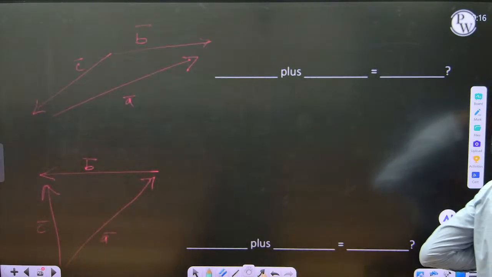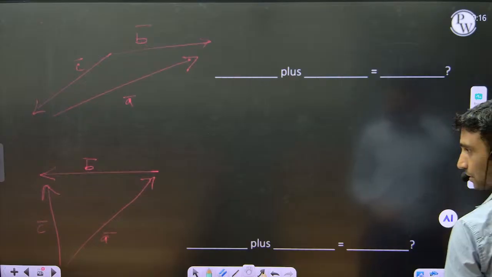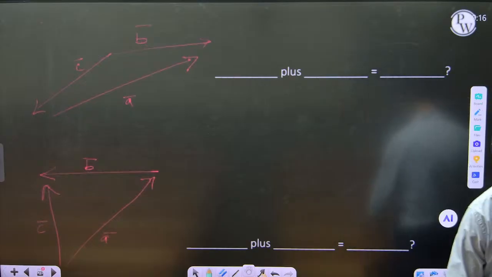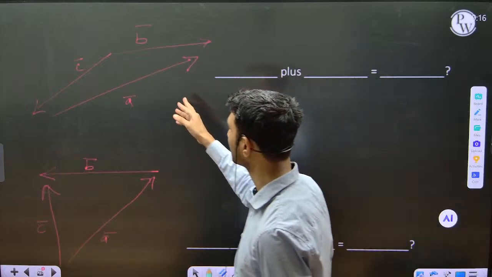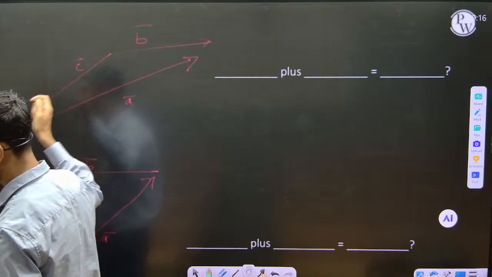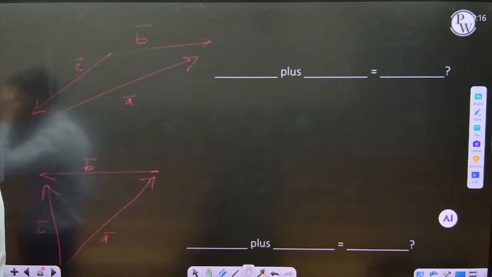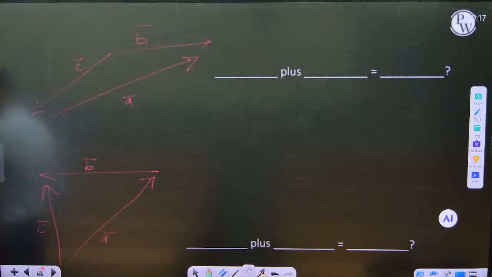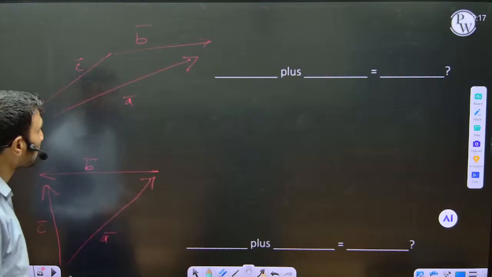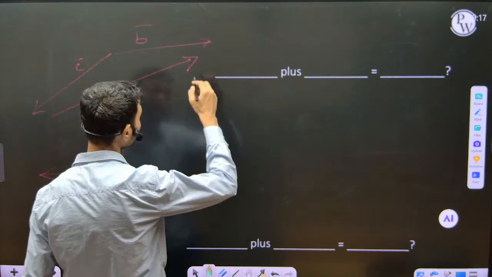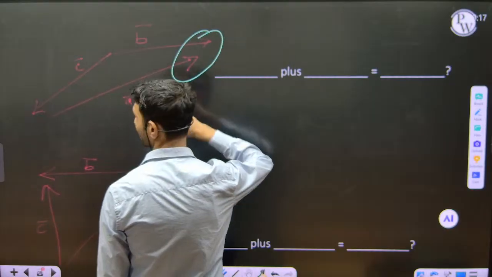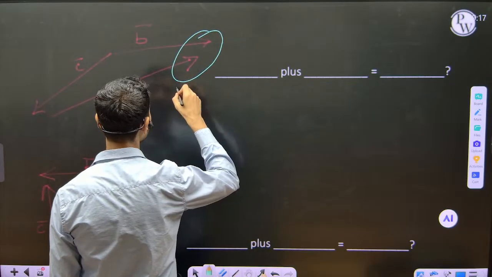Here we have to identify which is the sum vector. So you have got three vectors A, B and C. You have to identify which one is the sum vector. And I told you which one is the sum vector. How do you identify sum vector, guys? You have to see head and head. So do we see head and head anywhere? Here we have head and head together.